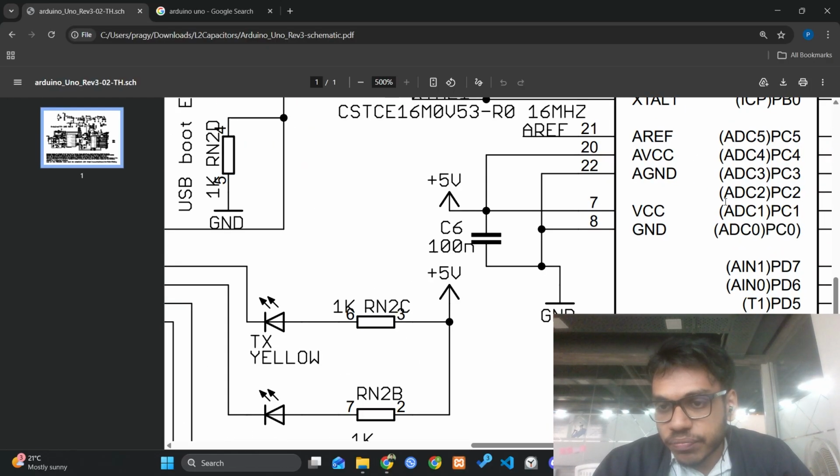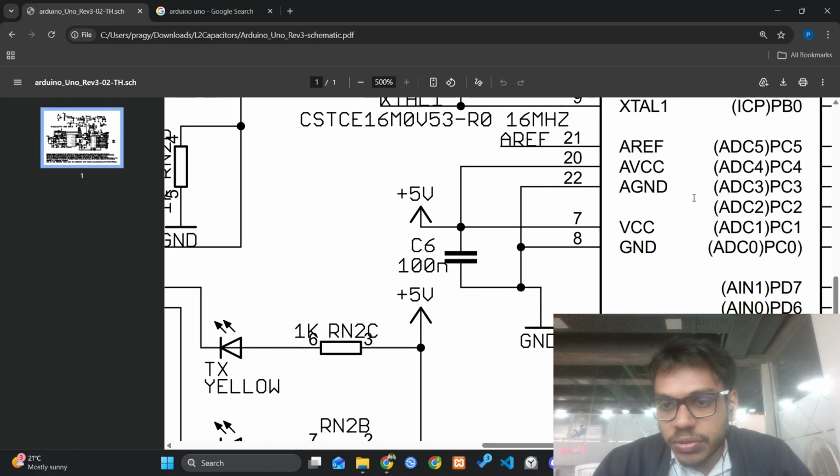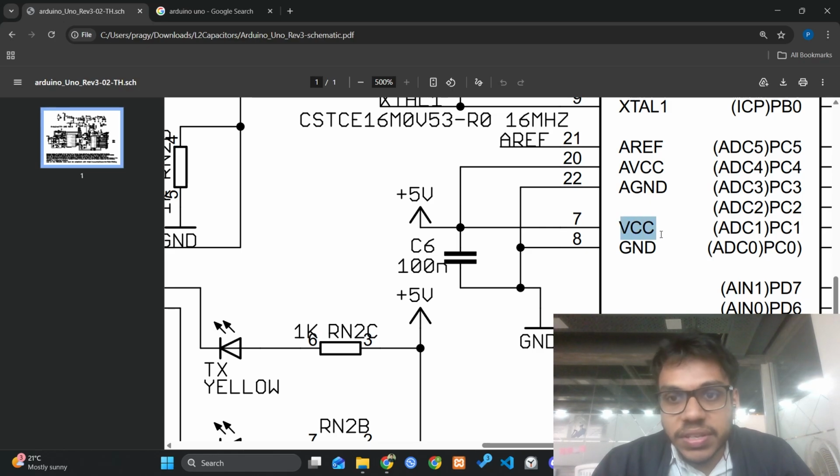Right here on this IC2, this is the VCC pin, and it is being supplied 5 volts, and there is a 100 nanofarad capacitor. So whenever you are designing some fast switching circuit, you'll put a decoupling capacitor, typically 0.1 microfarad, right next to the IC pin.